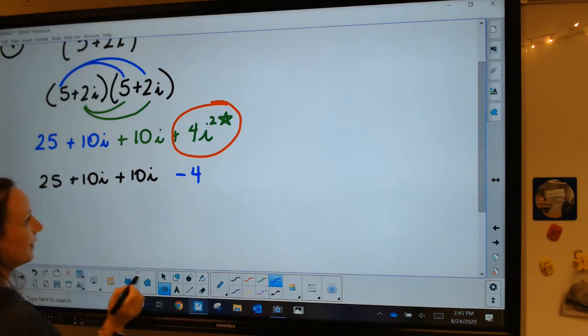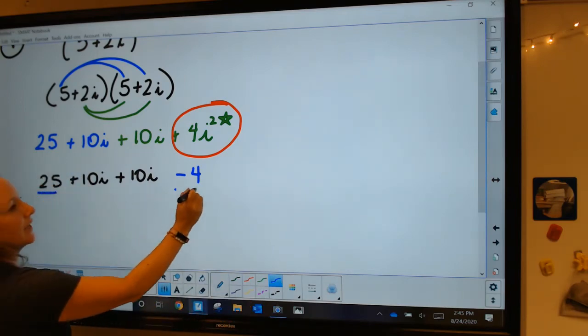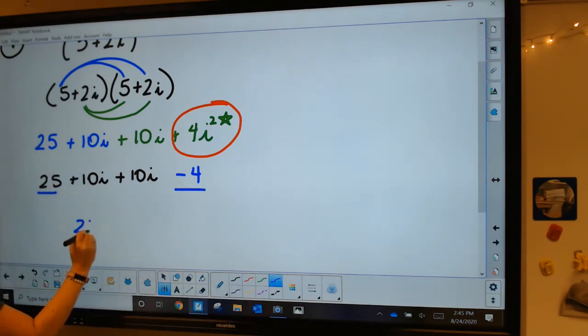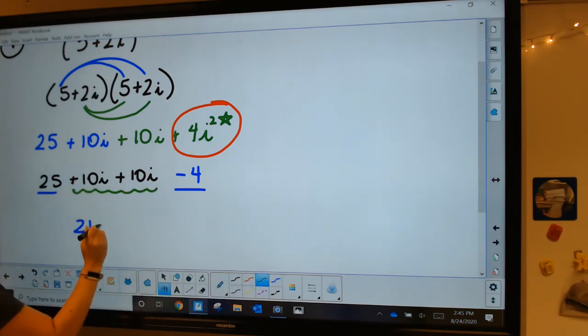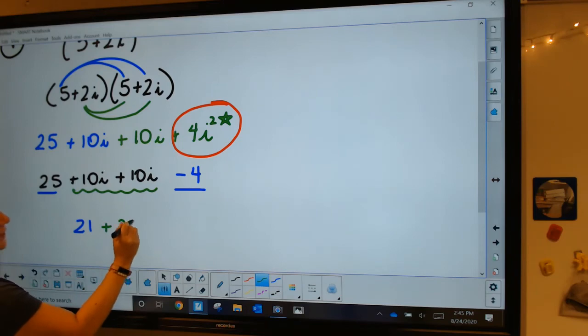So I can combine 25 take away 4 is 21. 10i plus 10i is 20i.